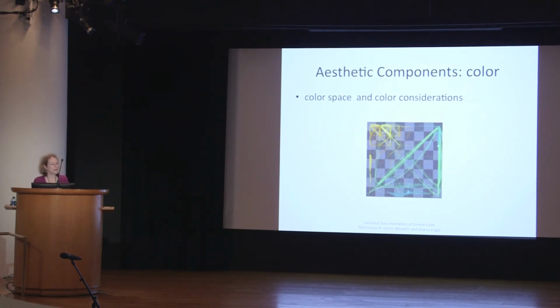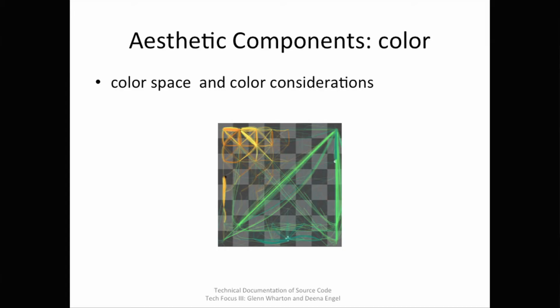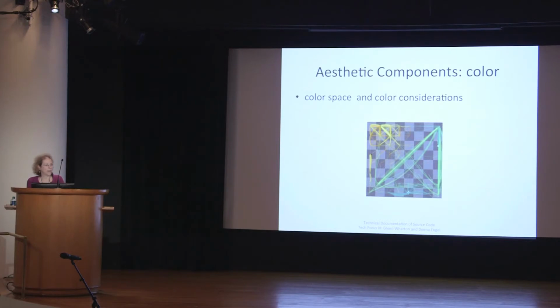Color space and color considerations are very important. This morning we introduced the concept many of you are familiar with, of how to actually define colors in RGB, in the color space red, green, and blue. There are other works that are conceived of by the artist, for example, and defined in HSB, which is hue, saturation, and brightness.